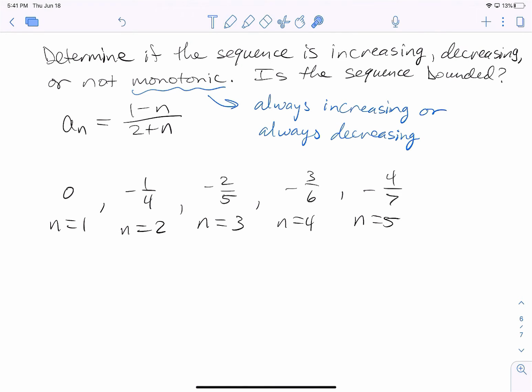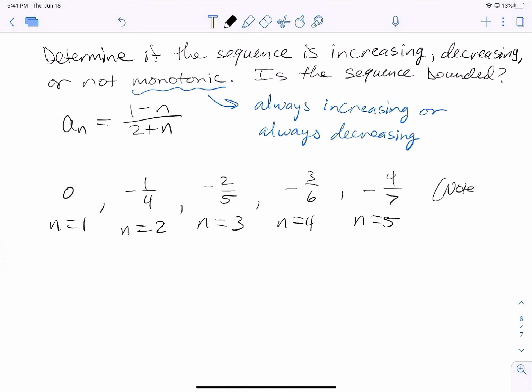Now as we look at these numbers, of course the numerator is increasing by 1 each time, the denominator is increasing by 1 each time, and after the first term they're all negative. If we think about decimal values though, 1/4 is 0.25, 2/5 is 0.4, 3/6 is 0.5, 4/7 in magnitude is bigger than 1/2. So these are becoming more negative as we go.